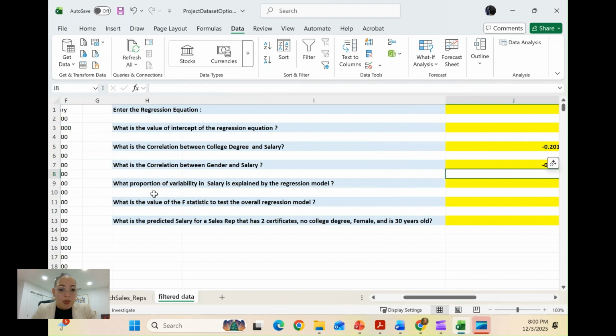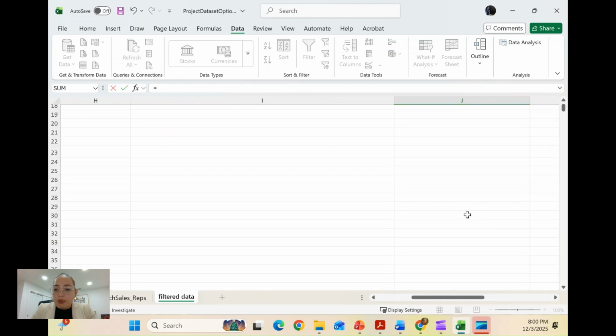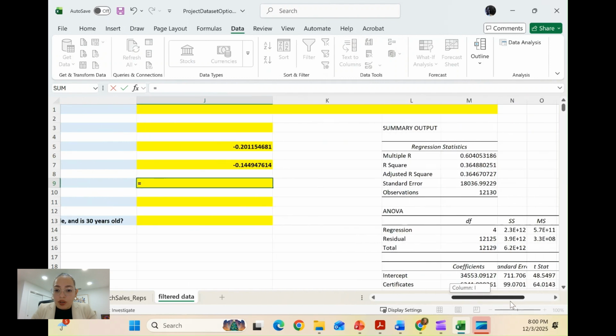What is the proportion of variability in salary explained by the regression model? So the proportion of variability is explained by R square. What R square means is what explains the difference in salary for all the different variables.